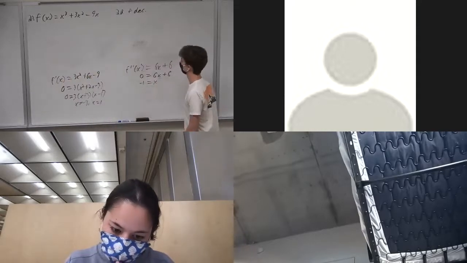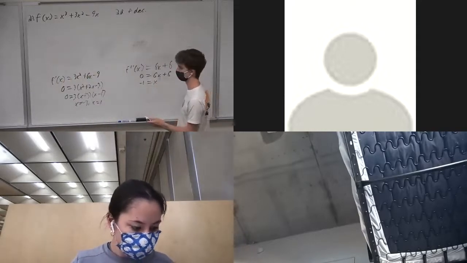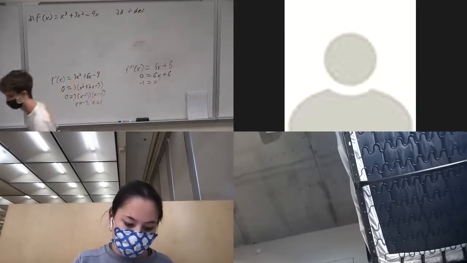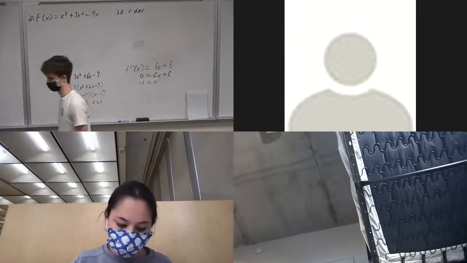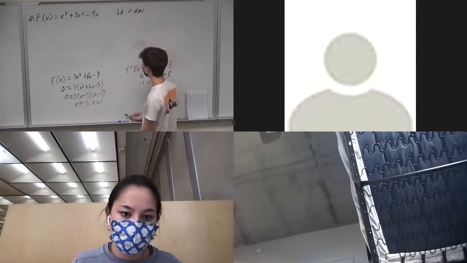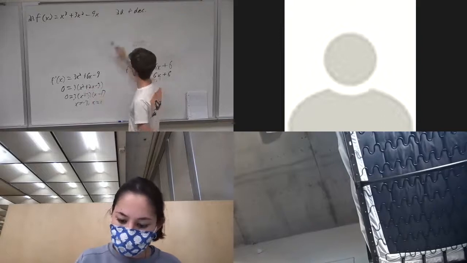So before I go into it, I just want to know what you guys think our next step is for this problem, if we're trying to find the interval for f where it's decreasing.